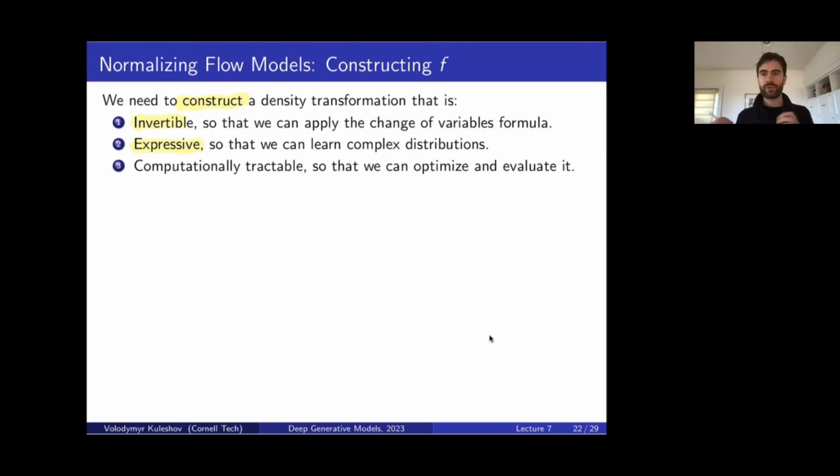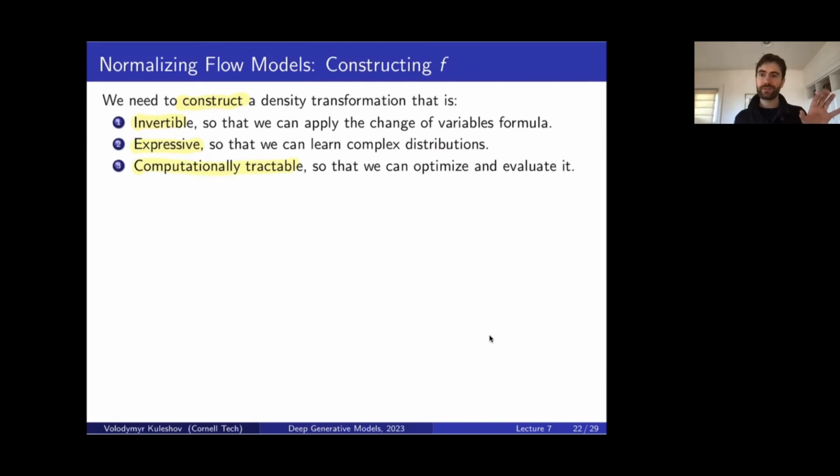So the parameterization f has to be very expressive. And finally, computing the forward mapping and the inverse mapping has to be computationally tractable. And getting a good f is essentially the key challenge when working with a normalizing flow model.